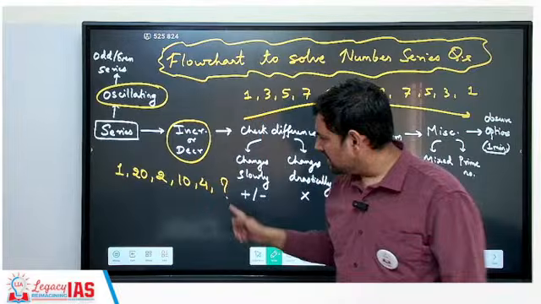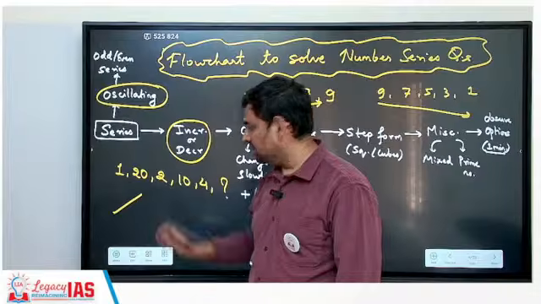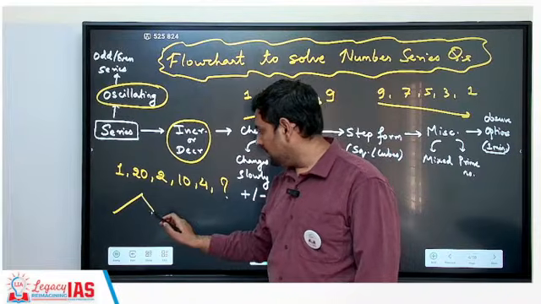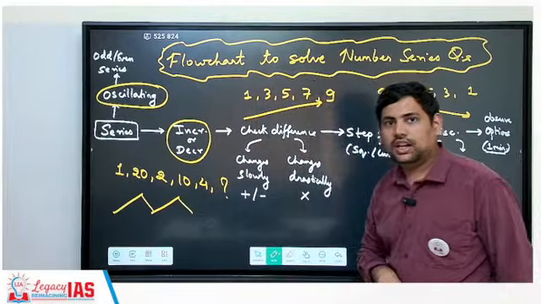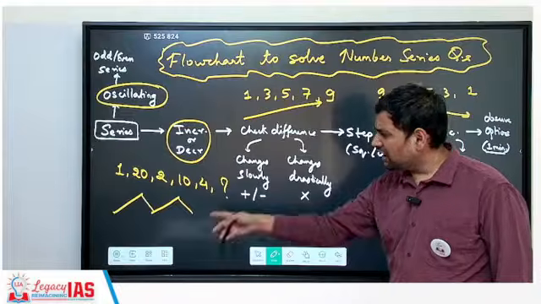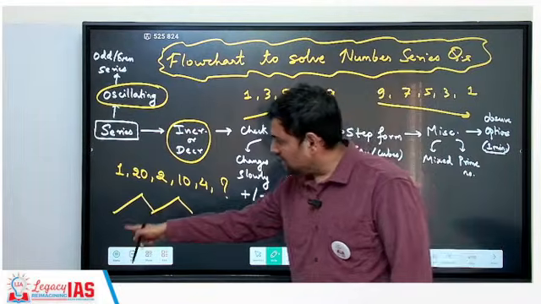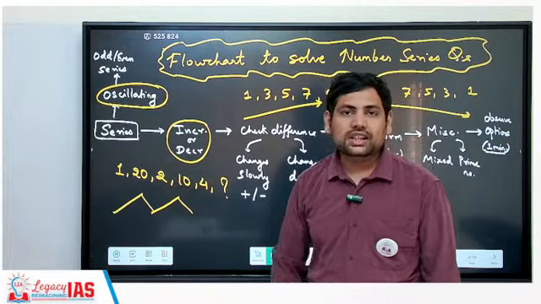Now what is this series doing? From 1 to 20 it is increasing, then 20 to 2 it is decreasing, then 2 to 10 it is again increasing, then 10 to 4 it is again decreasing. Correct? So you cannot say that this is an increasing series or decreasing series. This is changing its direction all the time. This is called an oscillating series.